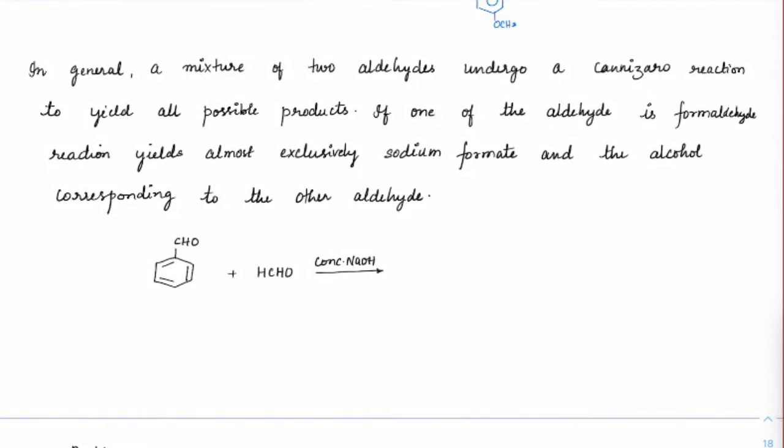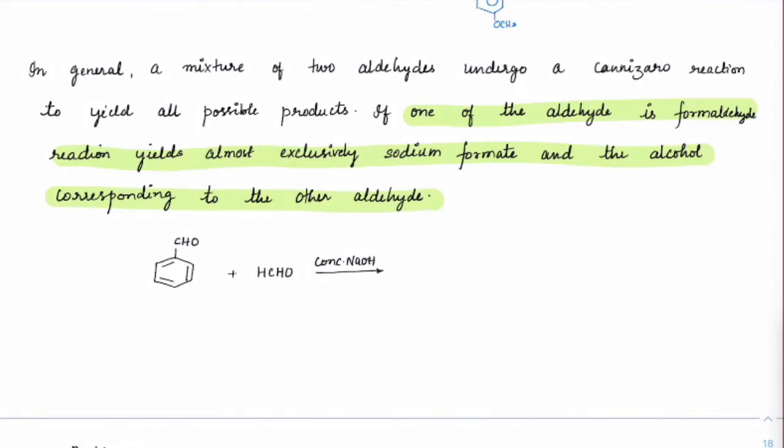I have written this general statement here, which says that, as I just mentioned, if one of the aldehydes is formaldehyde, the yield is almost exclusively sodium formate, and the alcohol corresponding to the other aldehyde. Got it? So this is what has been experimentally observed.